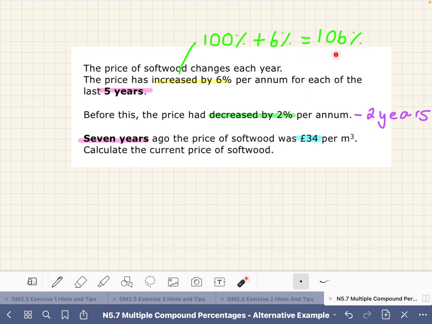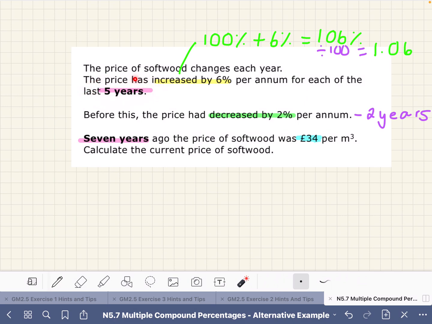We like to use the multiplier. Percent means out of 100, so essentially we are looking to divide that by 100 to give us a multiplier of 1.06.